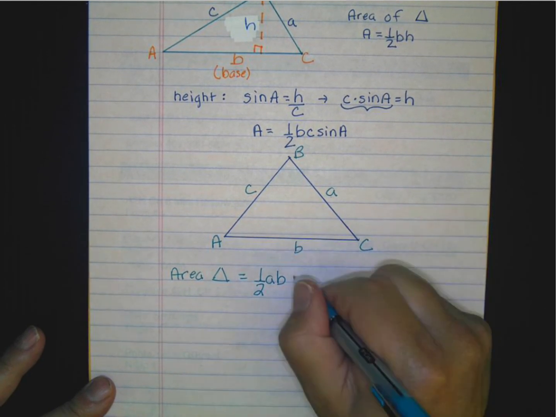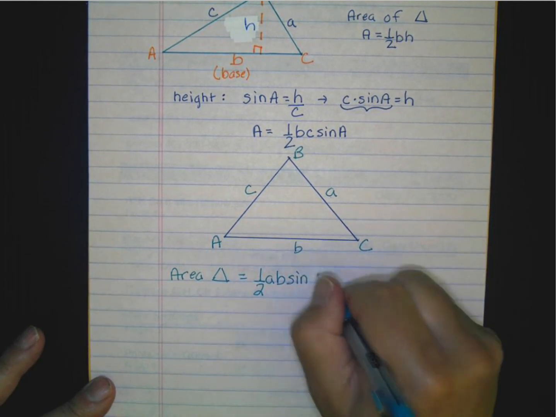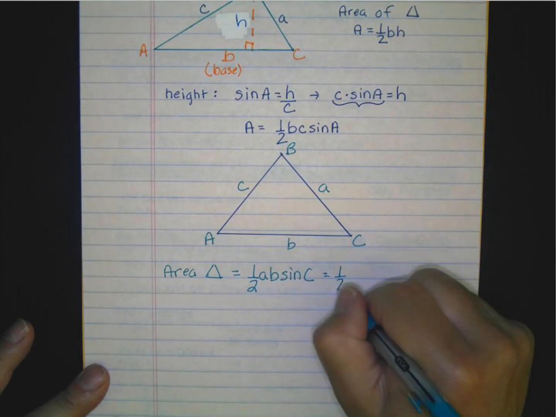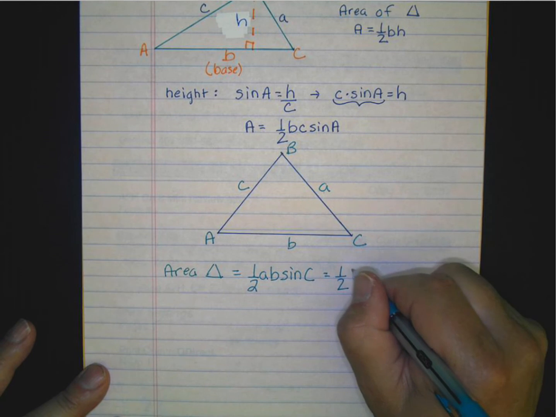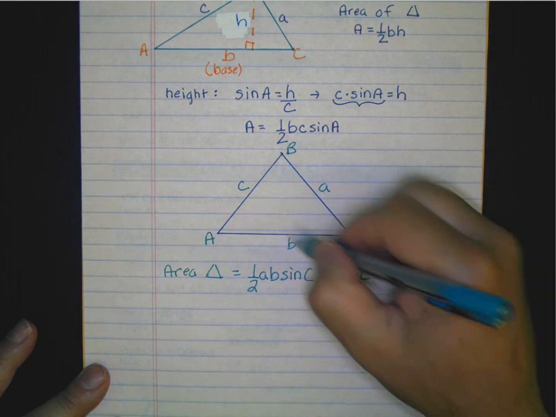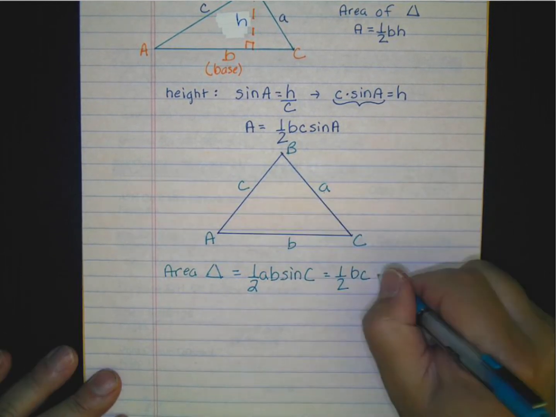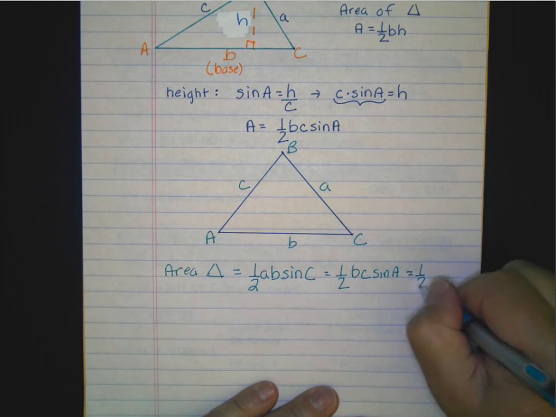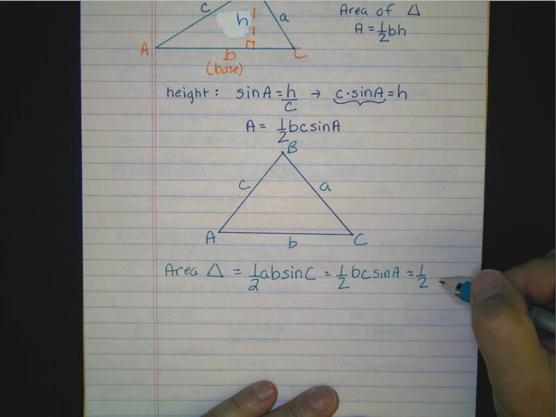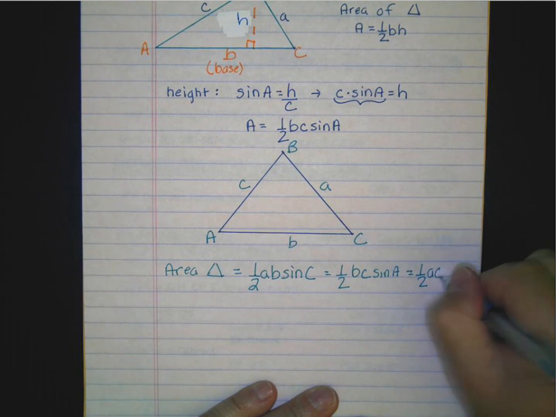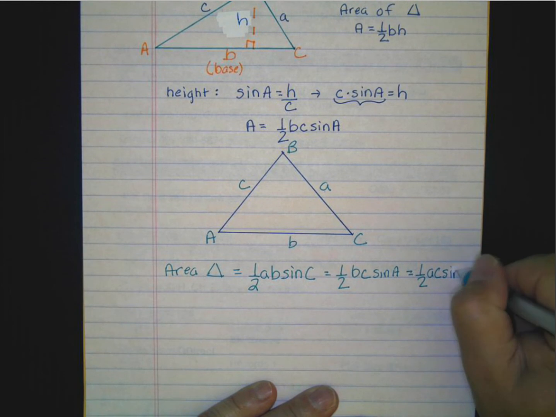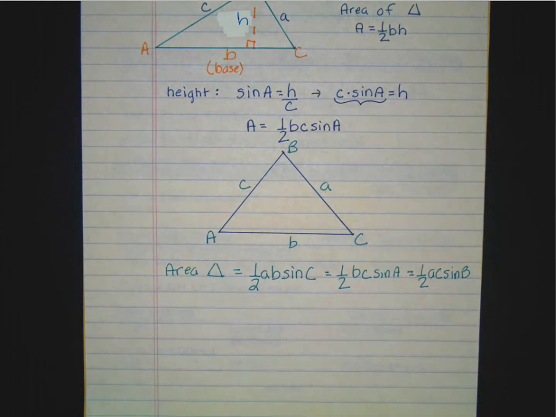C. So it would be times the sine of C. Or I could go 1/2 B times C, the angle included in there is A, sine A. Or 1/2, what's left? We did AB, we did BC. We need AC. The included angle would be B. That's how I can find the area of any triangle.